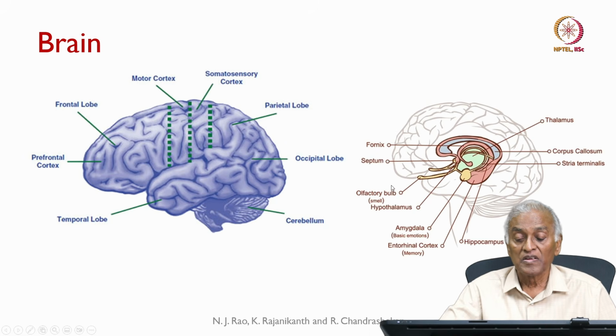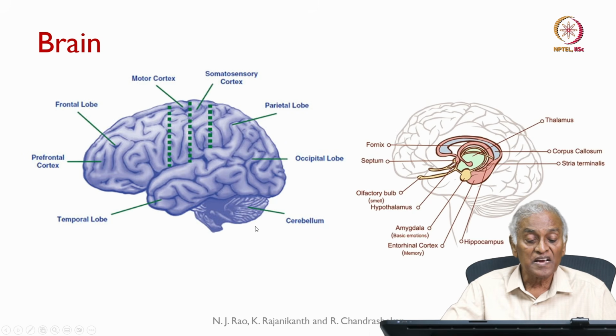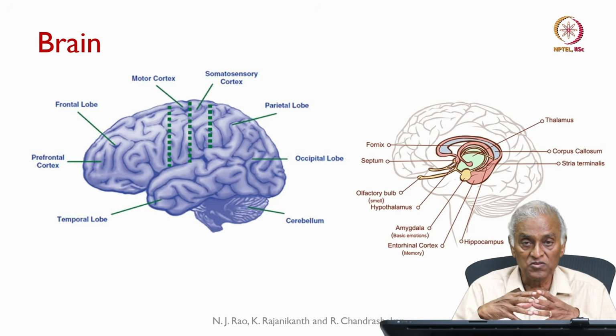And here inside, from an evolution point of view, the brain contains three parts. You have the brain stem, then you have the limbic system, or midbrain as you call it, and then the cortex.